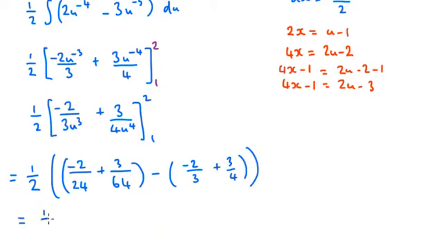That is going to be a half of, let's get my calculator, minus 2 over 24 plus 3 over 64 is minus 7 over 192. Minus 2 over 3 plus 3 over 4 is a 12th, so then we're taking off a 12th.